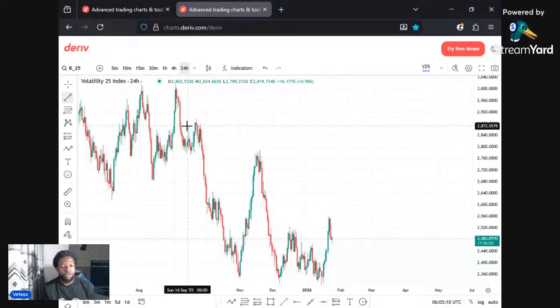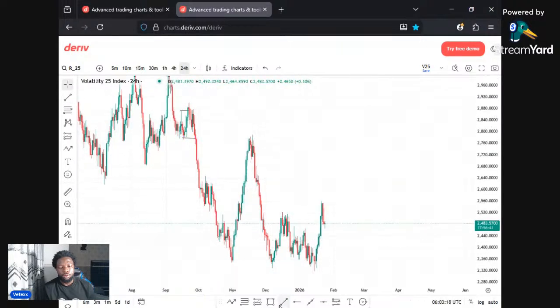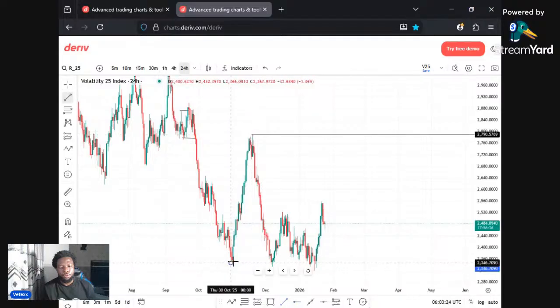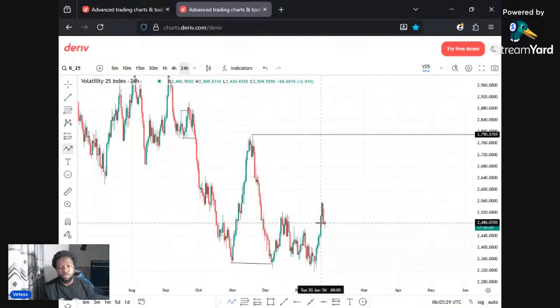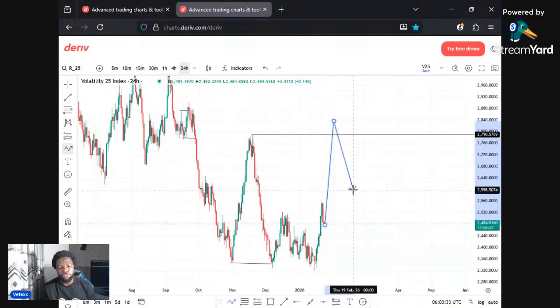So we have our first row here, sweep. We have our second row, break of structure, first break of structure. We have our third row, which is our structural liquidity. And we have our fourth row, which is second break of structure. And then we anticipate price to come into the zone and start selling in the opposite direction.